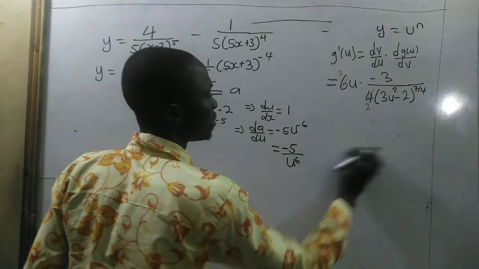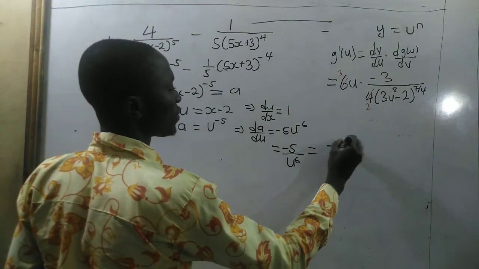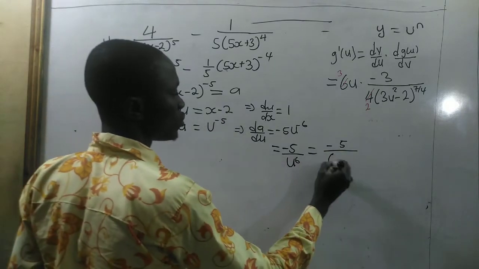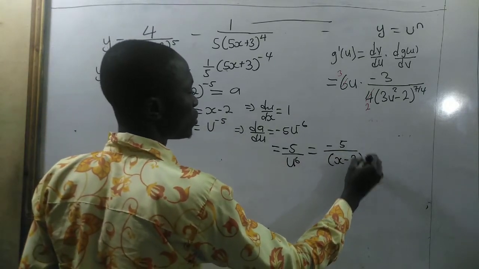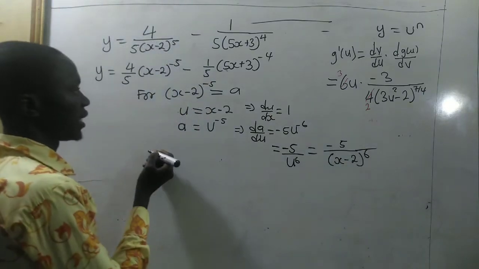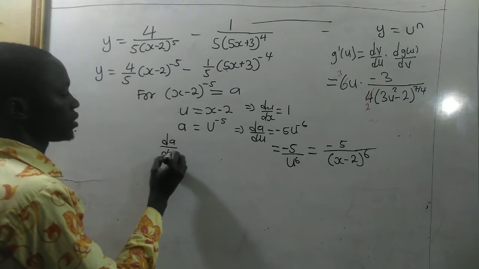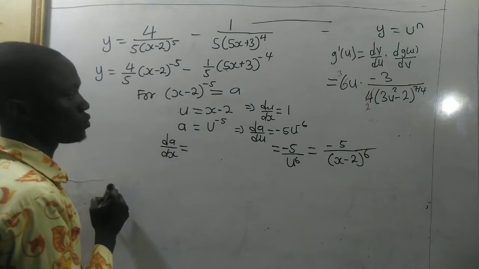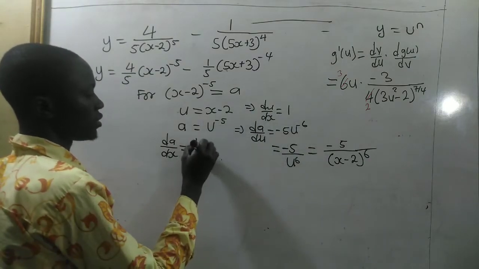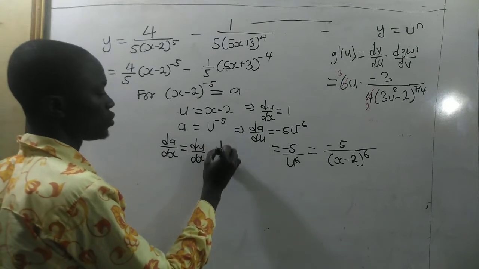And this is the same as minus 5 divided by u, where u is x minus 2. So you write x minus 2 to the power positive 6. And now we take dA on dx to be equal to du on dx times dA on du.